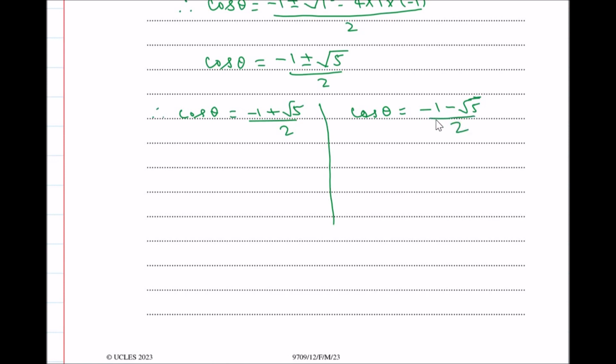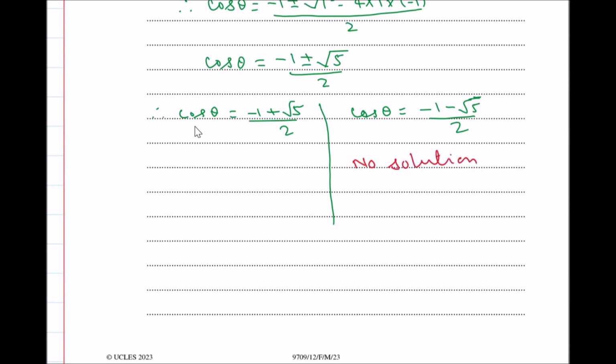As you can see, the second part, minus 1 minus root 5 divided by 2, will give us less than minus 1. Cos theta cannot be less than minus 1, so it will give us no solution from here.